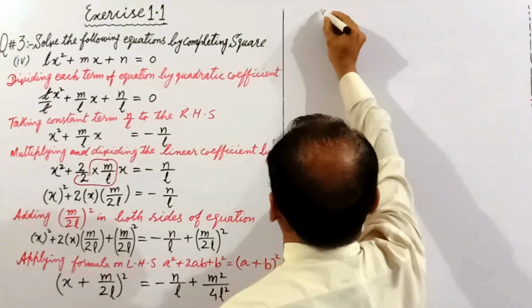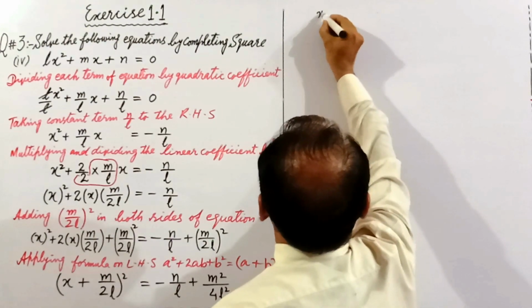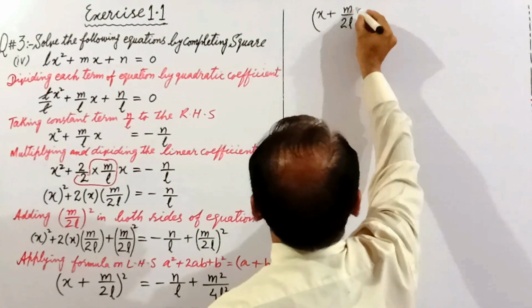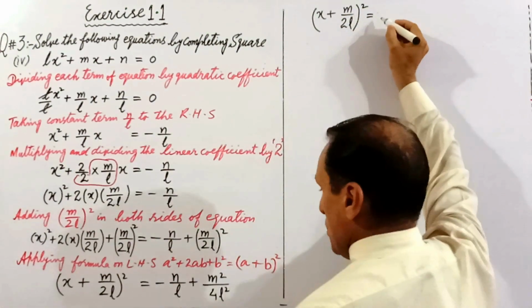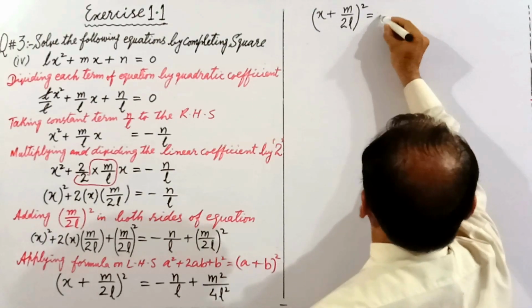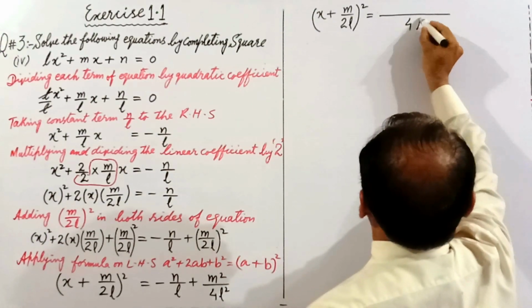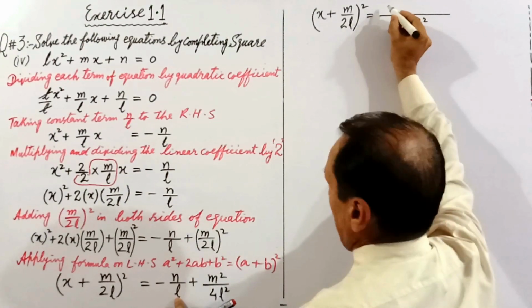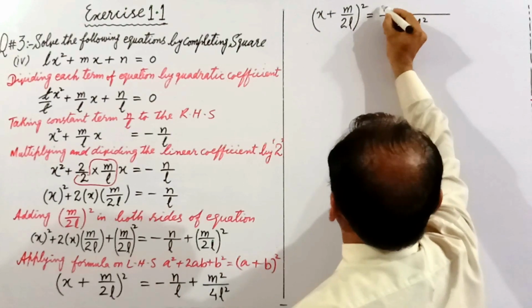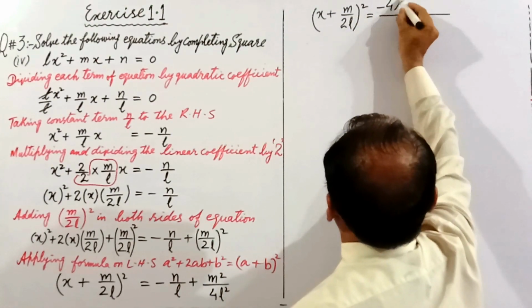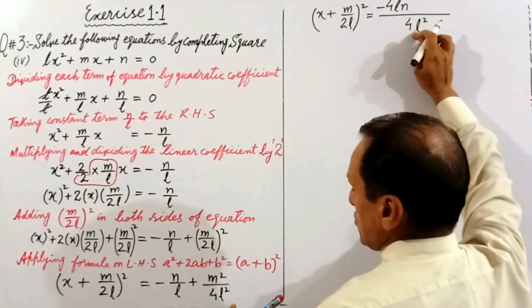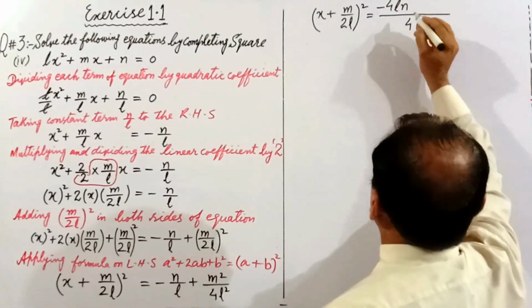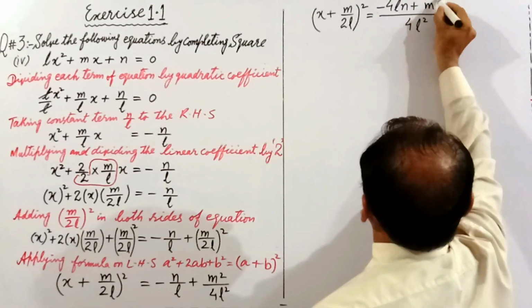So on the left hand side we carry x plus m over 2l whole square is equal to, LCM is 4l square. 4l square when divided by l we have 4l, and that is multiplied to n, we have minus 4ln. 4l square when divided by 4l square we have 1, and 1 multiplied to m square, we have plus m square.